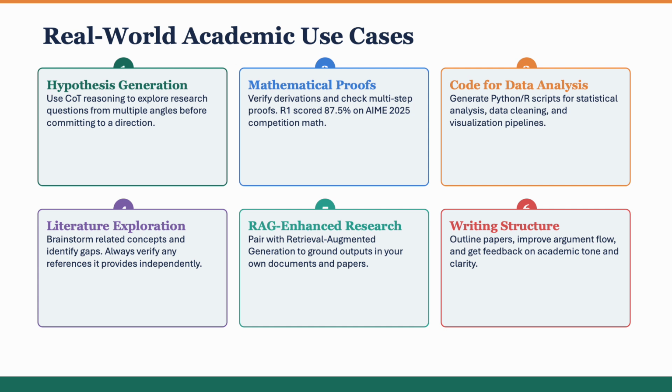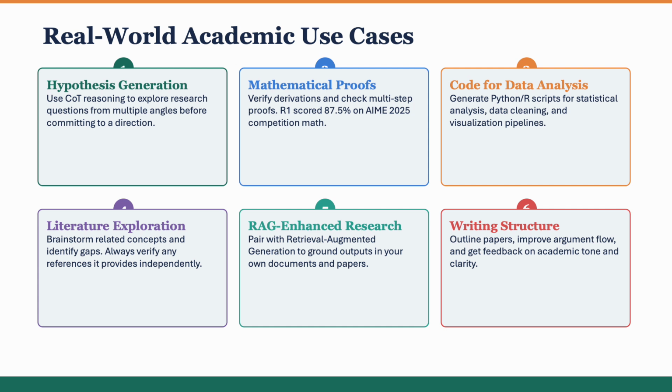Second, methodology design. It can help you think through experimental designs, suggest statistical approaches, and identify potential confounds. The 97.3% accuracy on Math 500, as reported in the DeepSeek R1 paper, translates into genuine strength with quantitative methodology.